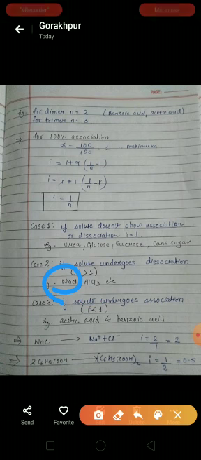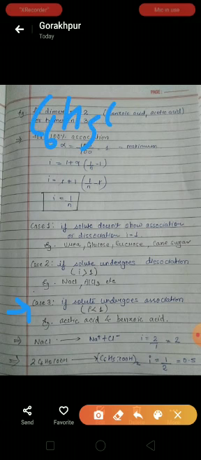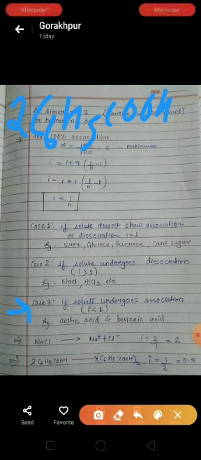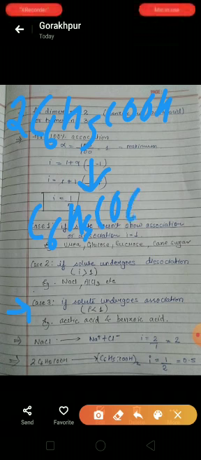The third case is if solute undergoes association. General example, take benzoic acid, C6H5COOH. Suppose two particles of benzoic acid form a dimer, (C6H5COOH) whole twice.